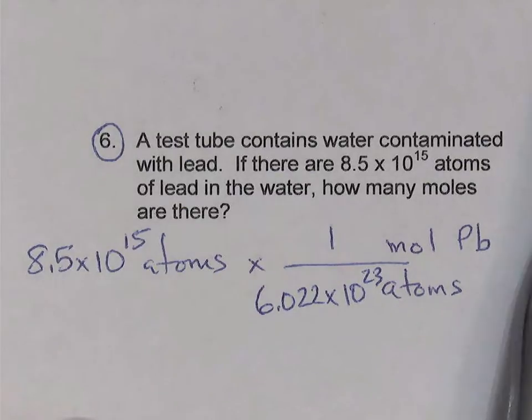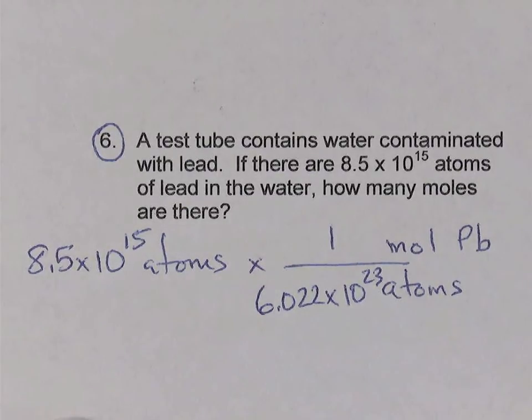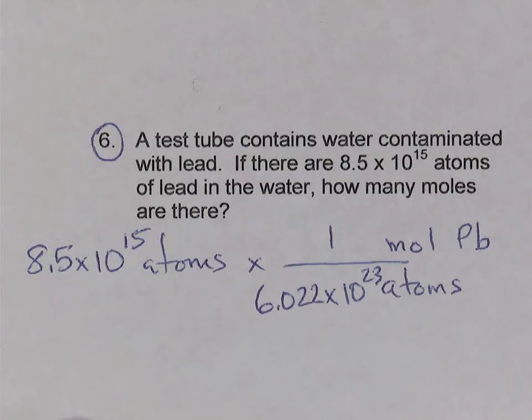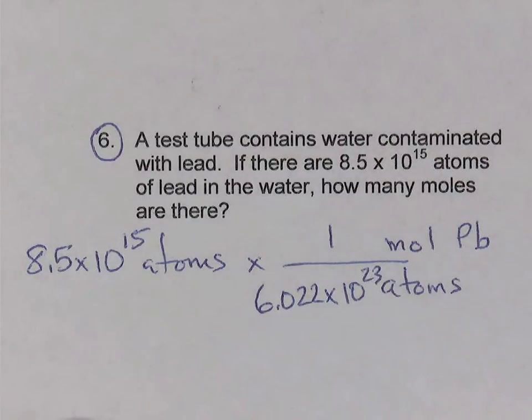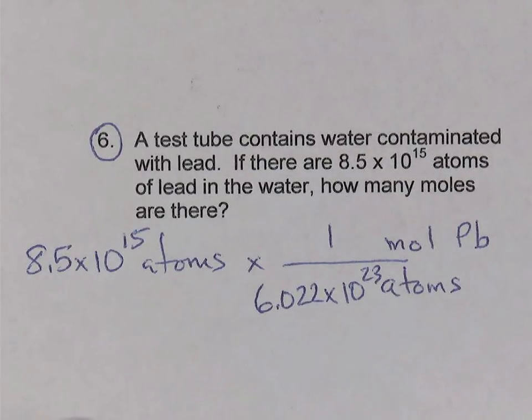So again, using that scientific notation button on the calculator, 8.5 times 10 to the 15, divide by 6.022 times 10 to the 23. Now, if you're using that scientific notation button, there's no need for brackets. It'll work out perfectly just like I read it there.